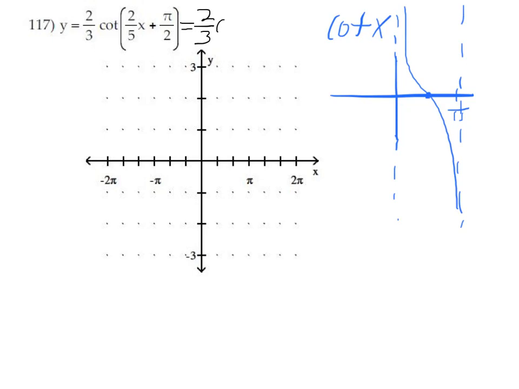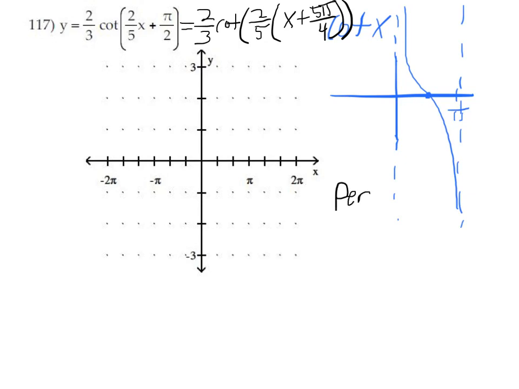2/3 cotangent of 2/5 times, now when you factor out 2/5, you're multiplying by 5/2. So we'll get 5/4 plus 5/4. There we go. That's our standard form. So that tells me a couple of things.